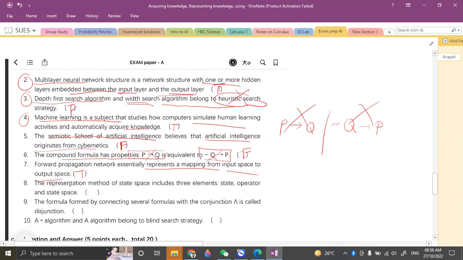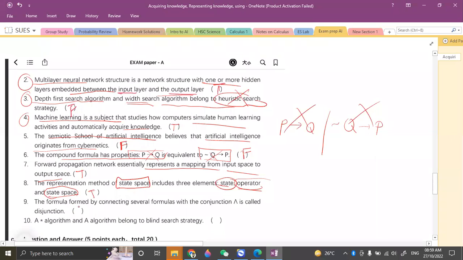And 8, the representation method of a state space includes 3 elements: a state, operator, and a state space. First a state, then operator, and then the third one is state space. So this is also true.